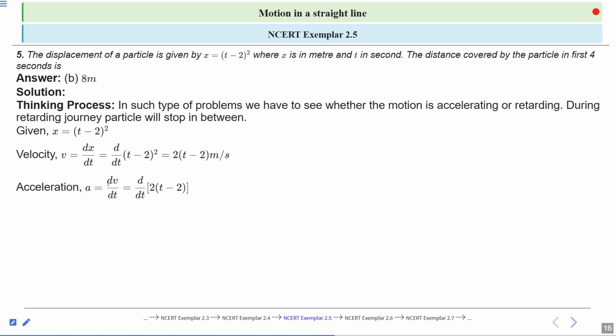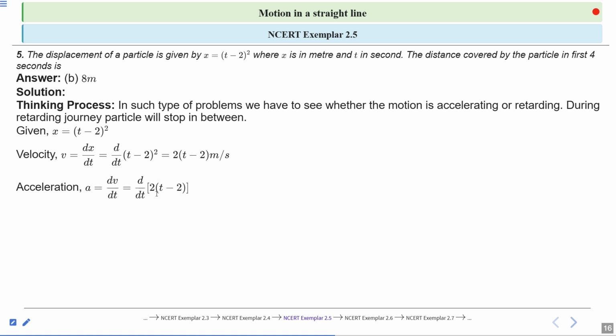Acceleration is the rate of change of velocity, dv/dt. We know velocity is 2(t − 2) meter per second. Substitute the value of velocity in the formula of acceleration: d/dt of 2(t − 2).